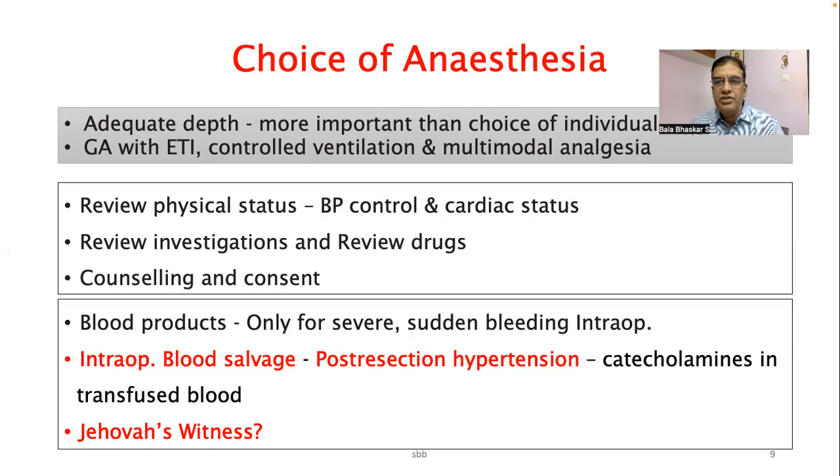And if you retransfuse this to the patient, there is a risk of hypertension in the patient. So there are considerations of this, especially in patients who are Jehovah's Witnesses. Theoretically, you expect this hypertension to happen, but practically there are few case reports where patients with pheochromocytoma who belong to this sect have been managed successfully with autologous transfusion also, with preoperative or intraoperative collection.